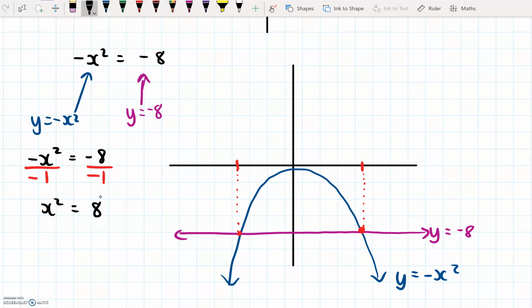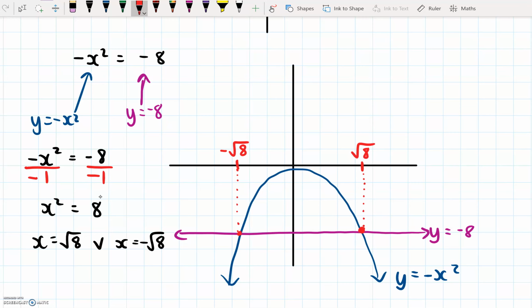Then we get x equals the square root of 8, or x equals the negative square root of 8. So these intersection points are negative root 8 and root 8. That tells us where these two lines meet, so if we were looking for one of the intersection points, it's got to be one of these two.